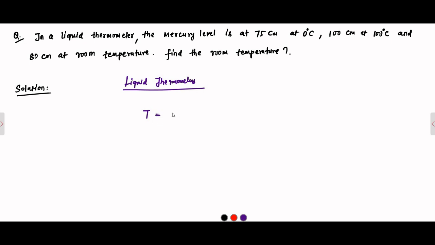So the specific temperature T is equal to the mercury level at that temperature LT minus the mercury level at the lower fixed point, divided by the mercury level at the upper fixed point minus the mercury level at the lower fixed point, multiplied with the difference of temperature between the upper fixed point and the lower fixed point.